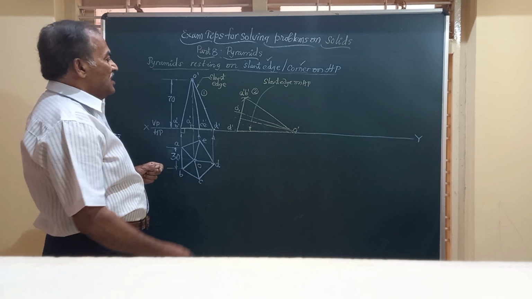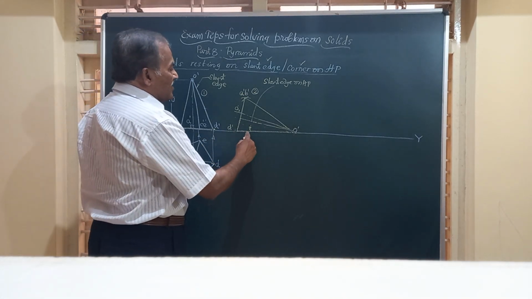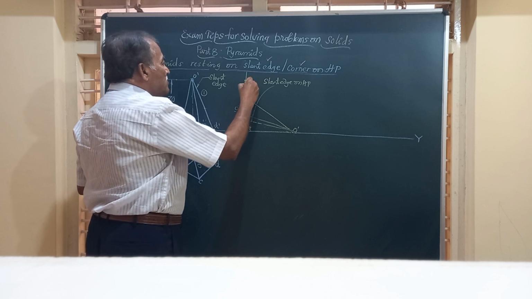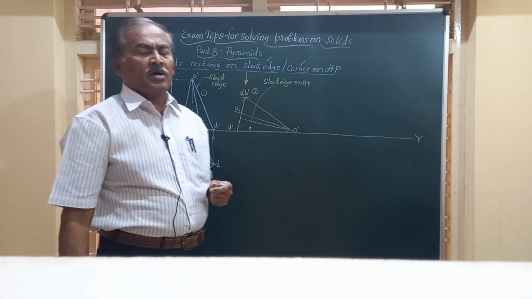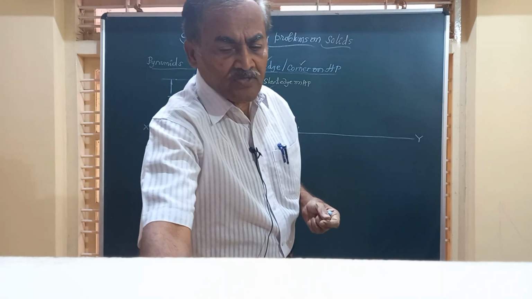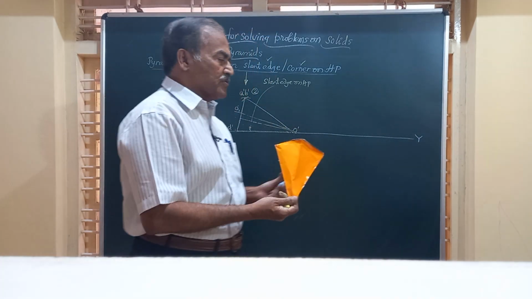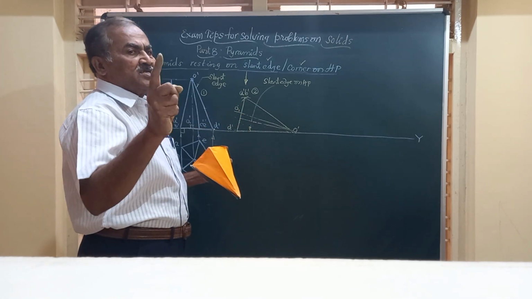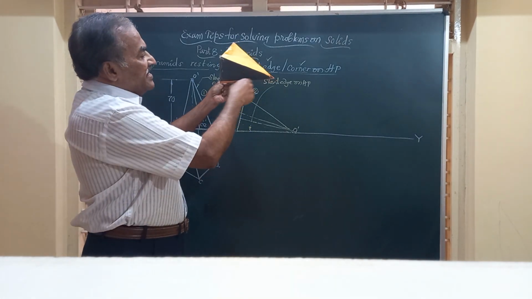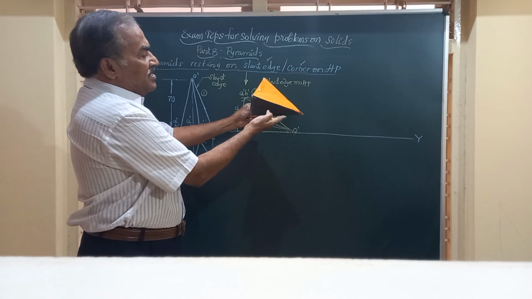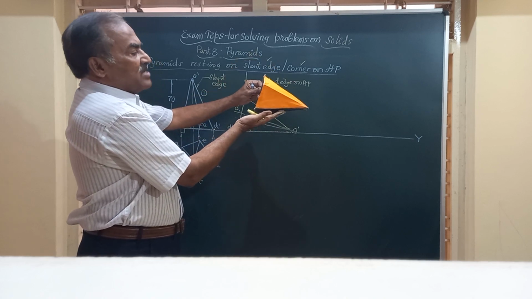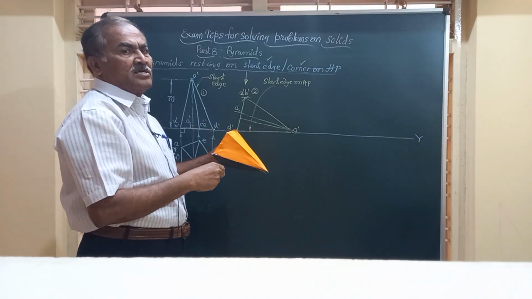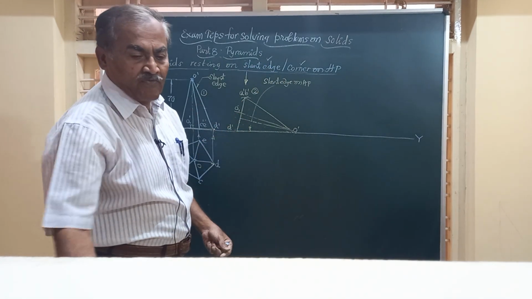Now friends, I will place the object on one of the slant edges and I want to see how it looks in the top view. And friends, in one of the previous videos, I had told you that whenever this solid, that is a pyramid, is resting on a slant edge on HP or a triangular face on HP, the complete base of the solid is visible in the top view.